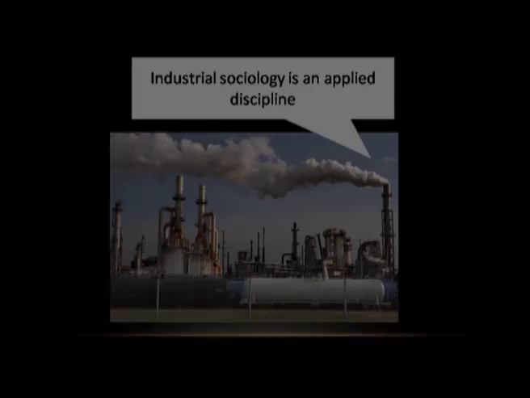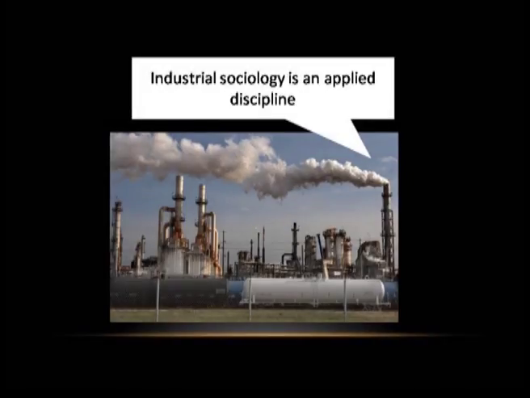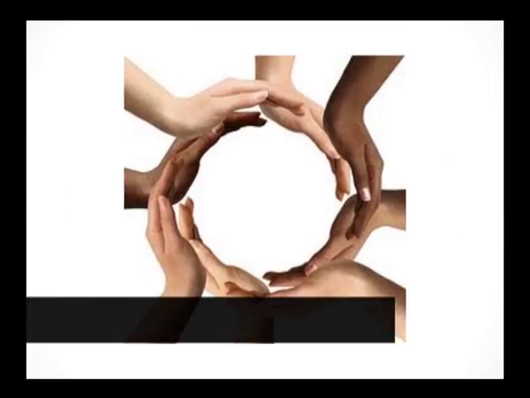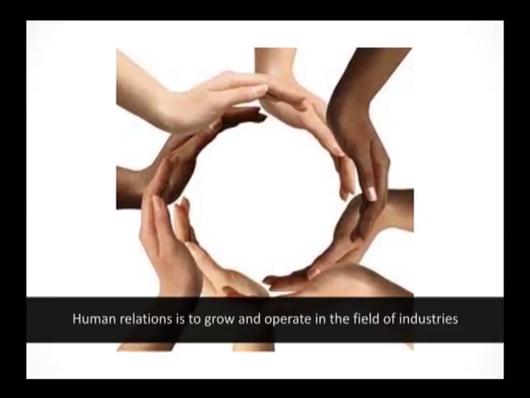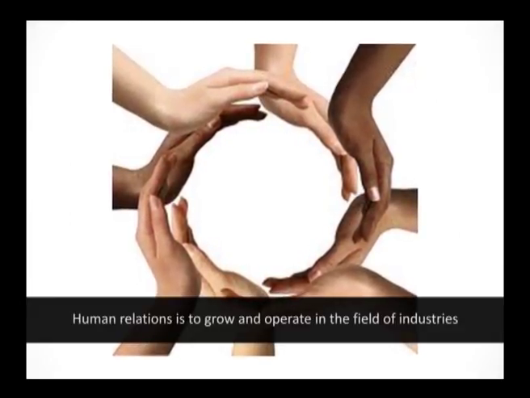Students, you are now aware that industrial sociology is an applied discipline. We saw that it is concerned with the study of human relations as they grow and operate in the field of industries. It deals with the sociological concepts that have relevance to industry.